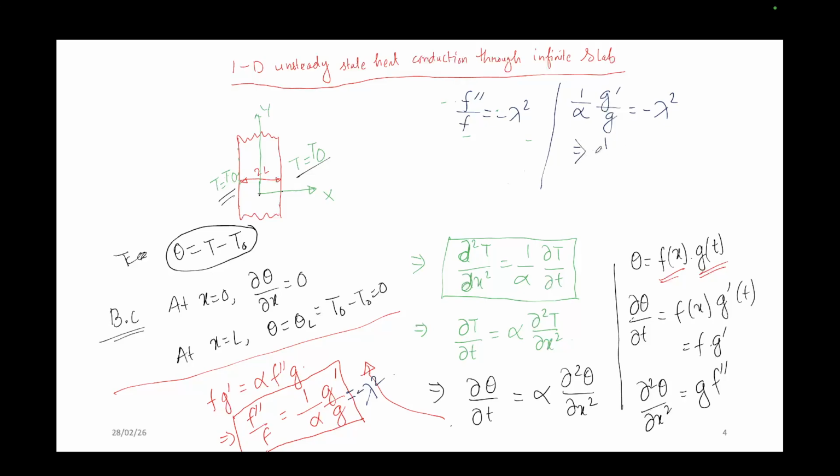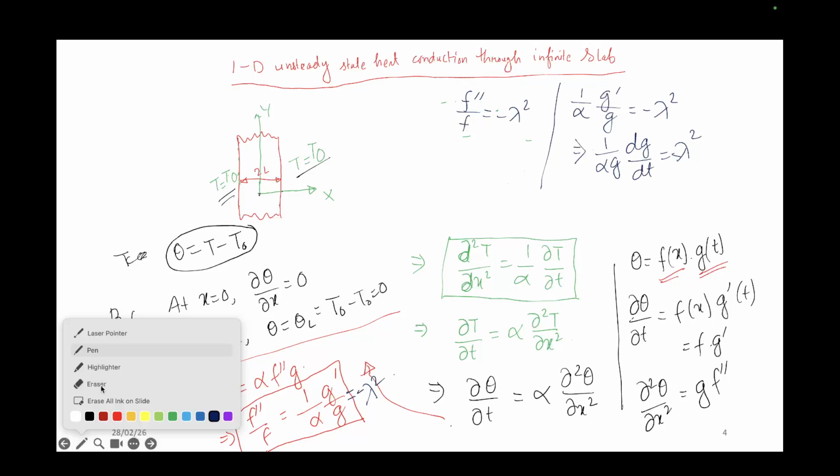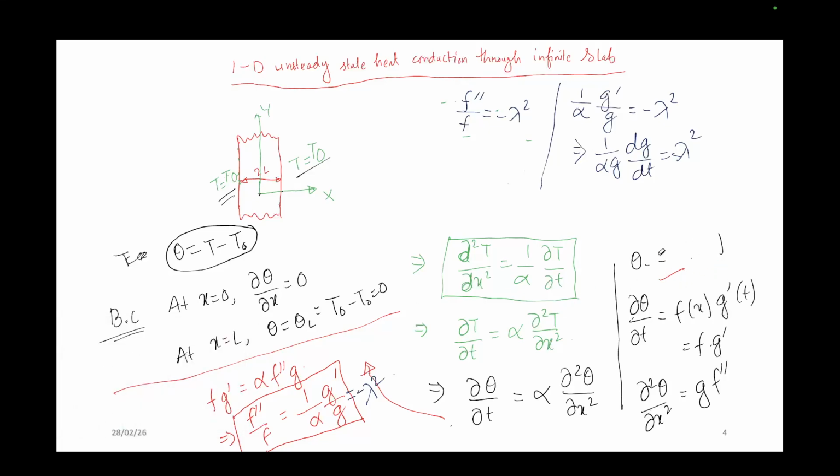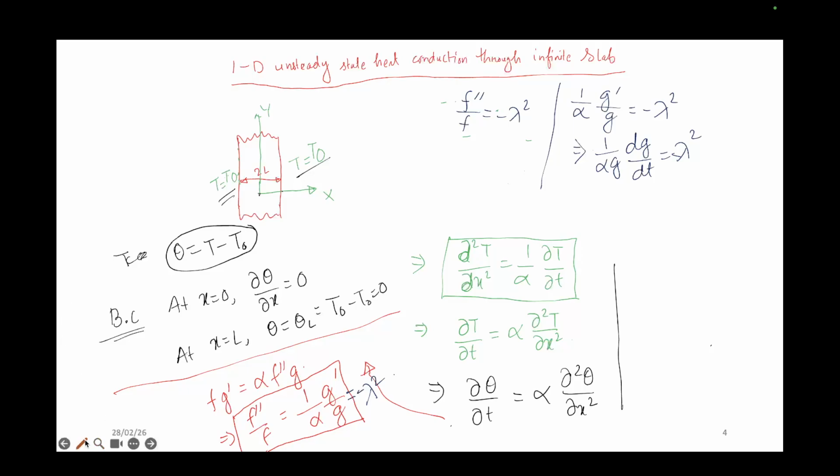What basically it is, 1 by alpha g, g dash basically means it's a derivative form. So it is in this format. Integrating with respect to t, what will I get?